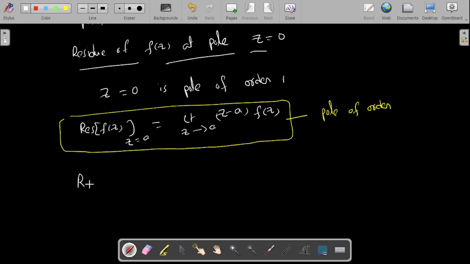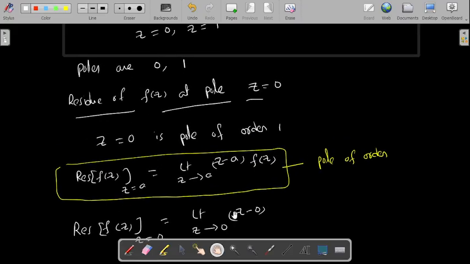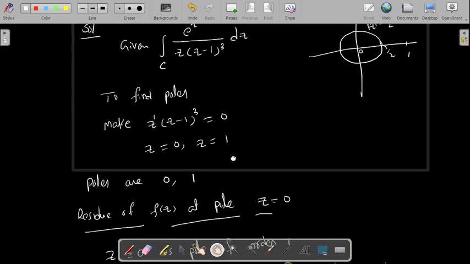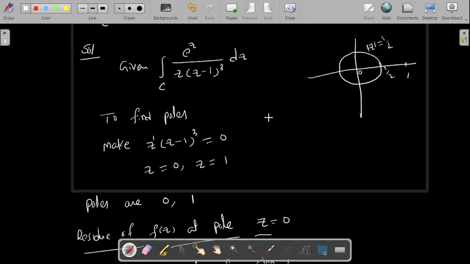So residue of f(z) at z equals 0 is equal to limit z tends to 0 of (z minus 0) into f(z). What is f(z)?